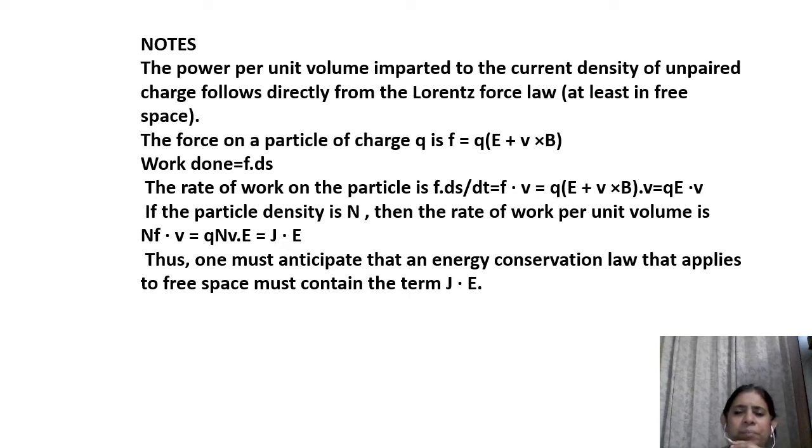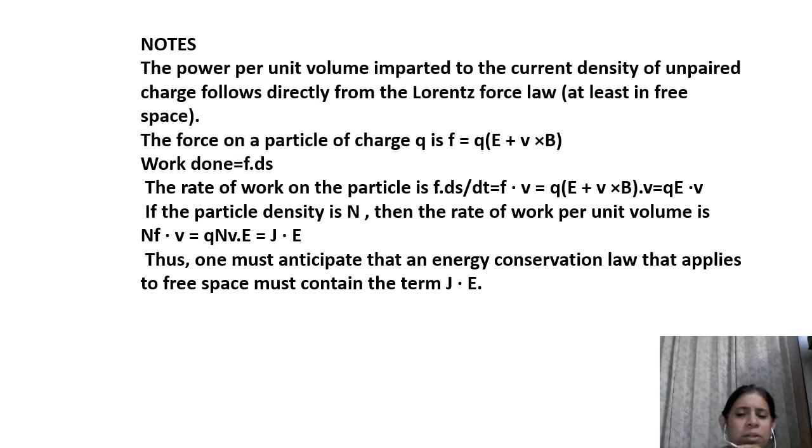This is the Lorentz force law. F is equal to force is equal to Q times E plus V cross B, right? Now work done is F dot ds. So if work done is F dot ds, rate of work done is F dot ds by dt. So ds by dt can be written as V, the velocity.